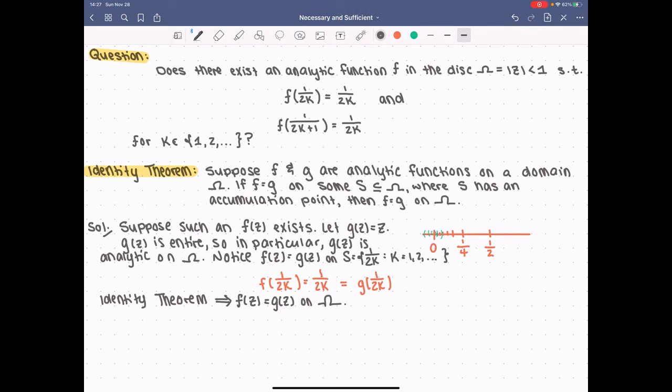So far we haven't done anything too crazy. We've found a g of z that agrees with f of z on a set that has a limit point, and we use the identity theorem to say they have to be equal to each other on the entire space.